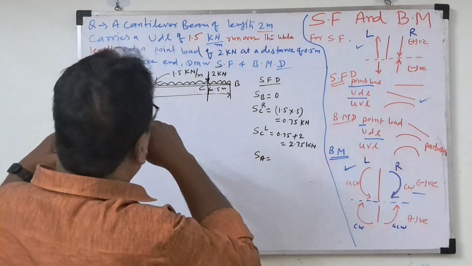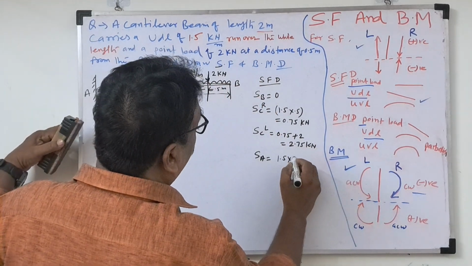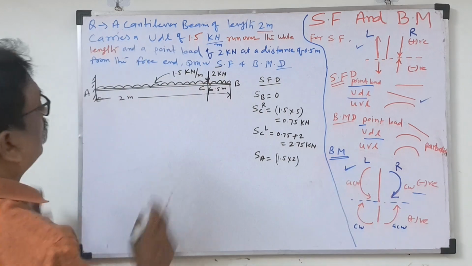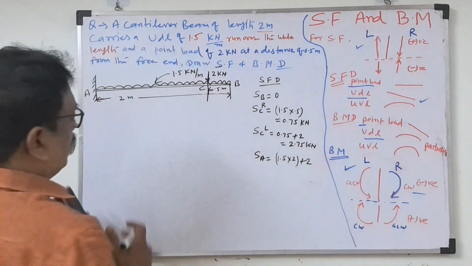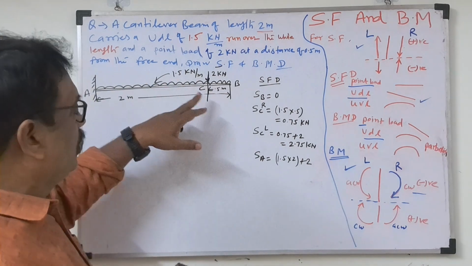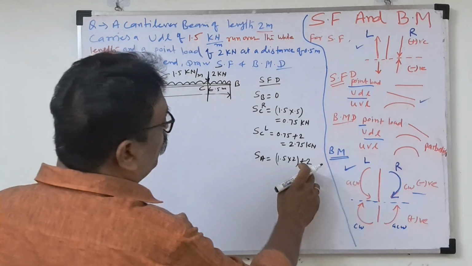So directly, the UDL is there over the entire length, so the load is 1.5 into 2, plus 2. For shear force we only add the loads, either from the left side or right side.